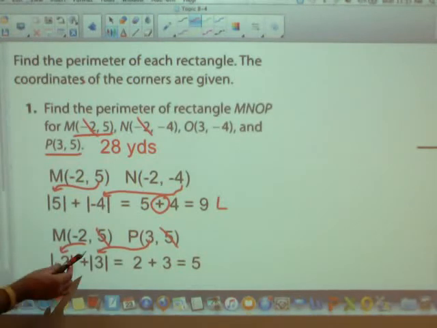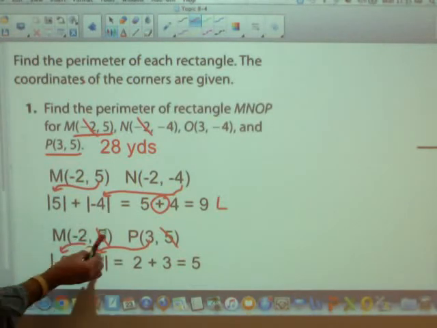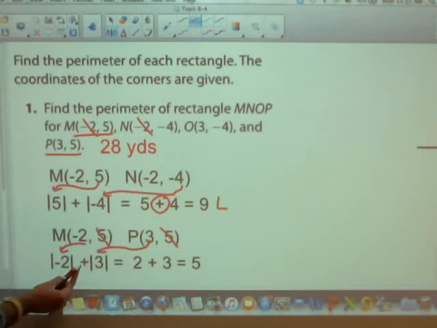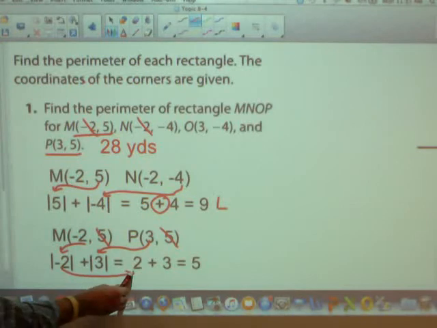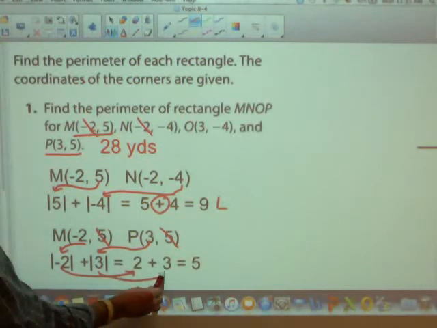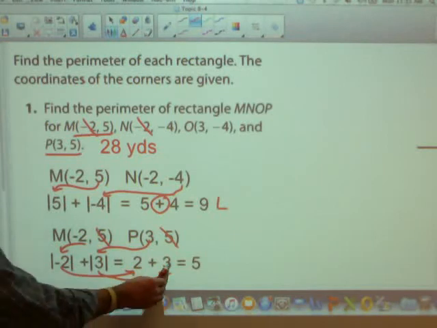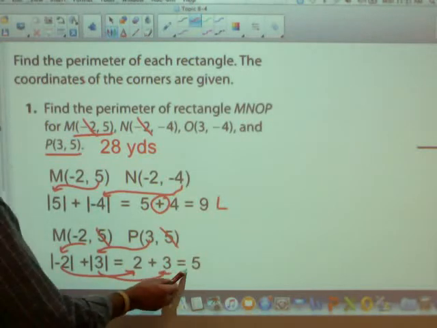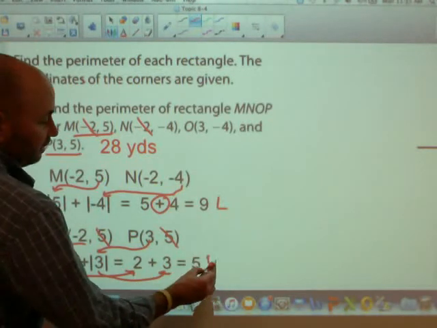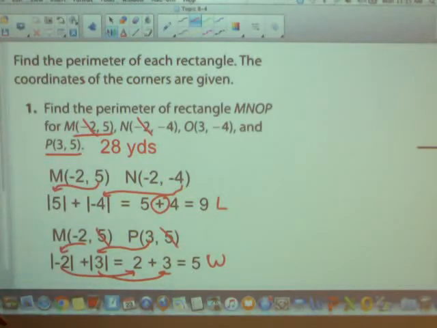Now, in this case, I'm going from a negative to a positive, so I know that I have to add again. So I'm going to take the absolute value of -2, which is 2, the absolute value of +3 is 3, and I add them together and I get 5. So 5 is the width of my rectangle.